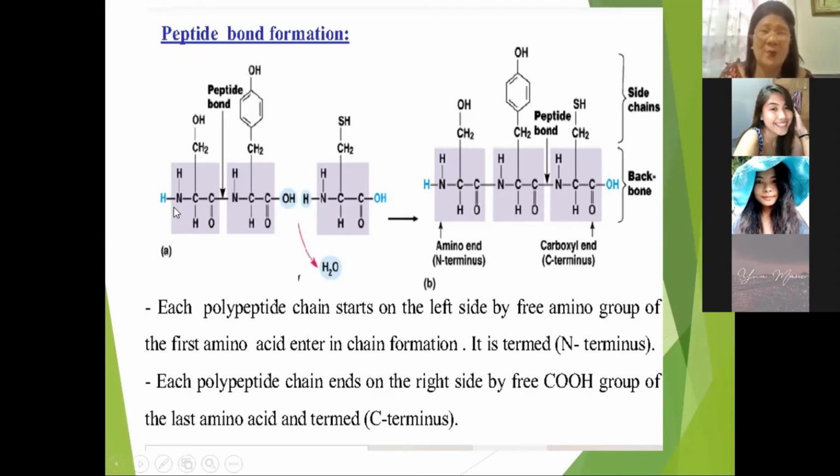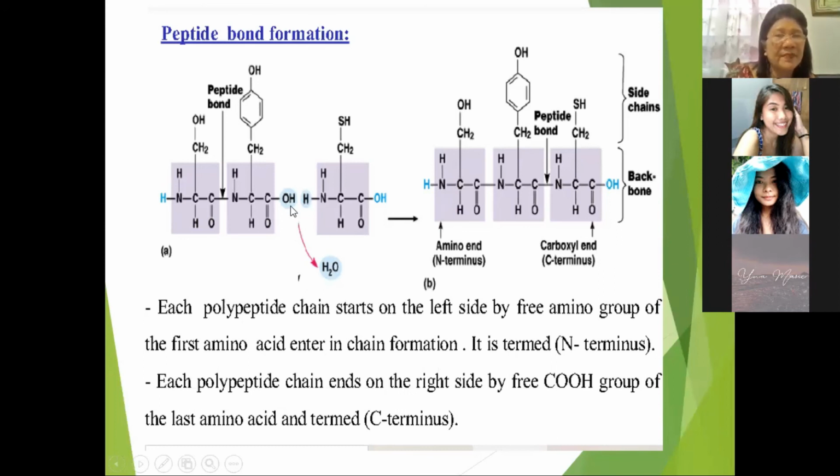For instance, this one, this is our first amino acid. So where is our C? This is COOH, that is C double bond.